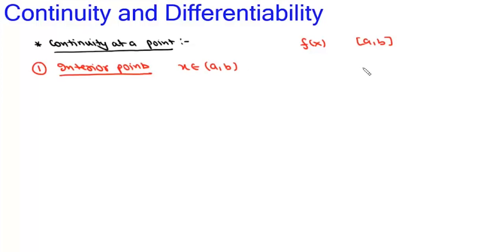So if we have this interval defined from a to b, this is x equal to a and this is x equal to b. All the points in between a and b are interior points.